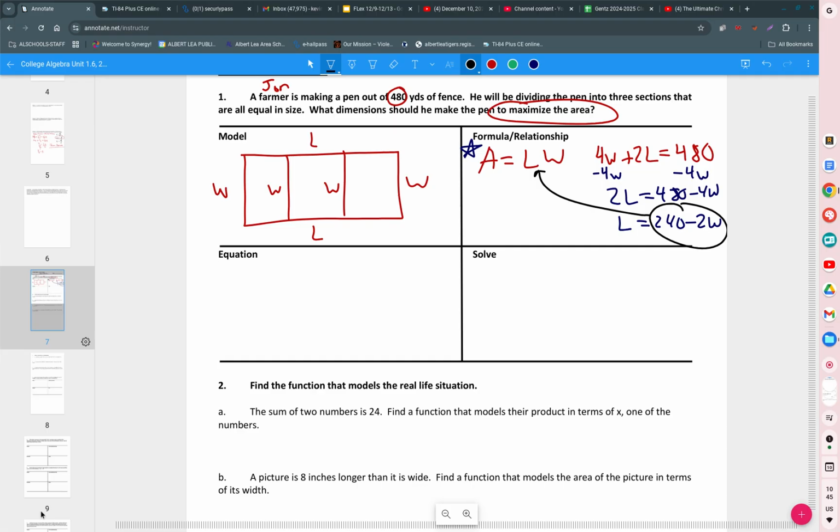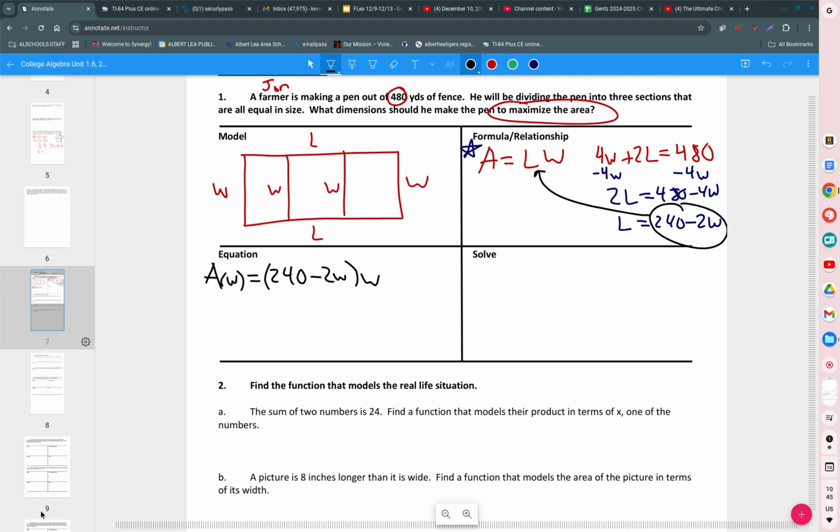And so I have my equation that will represent this problem, area. And it is now all in terms of one variable. That variable would be W. Area is equal to 240 minus 2W times W.